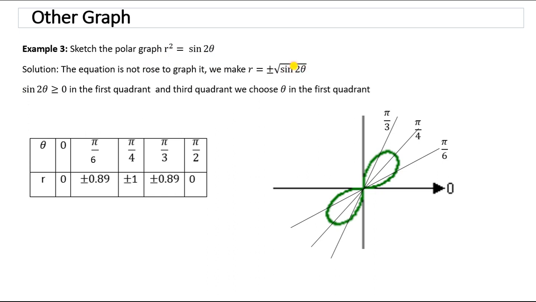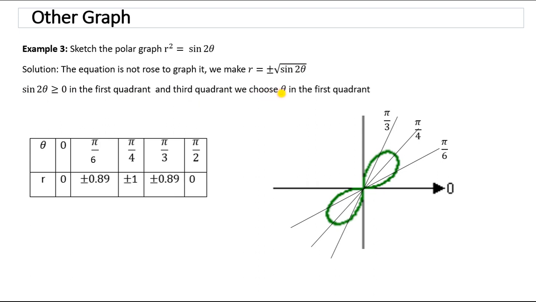If inside the square root is negative, then this function is not defined. Sine 2 theta is greater than or equal to 0 only in the first quadrant and the third quadrant.